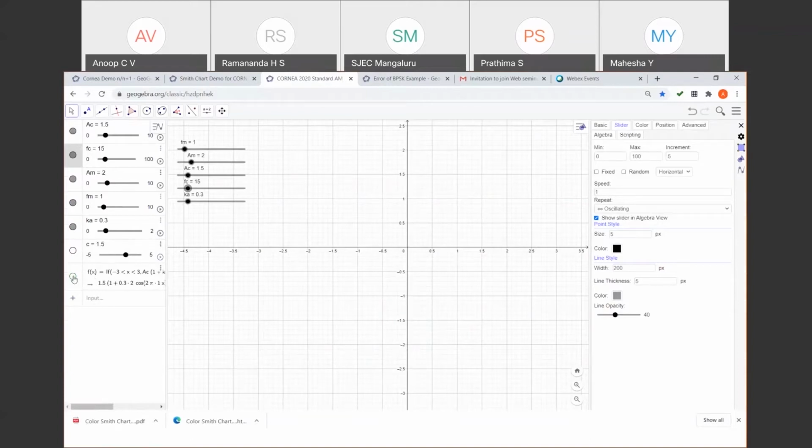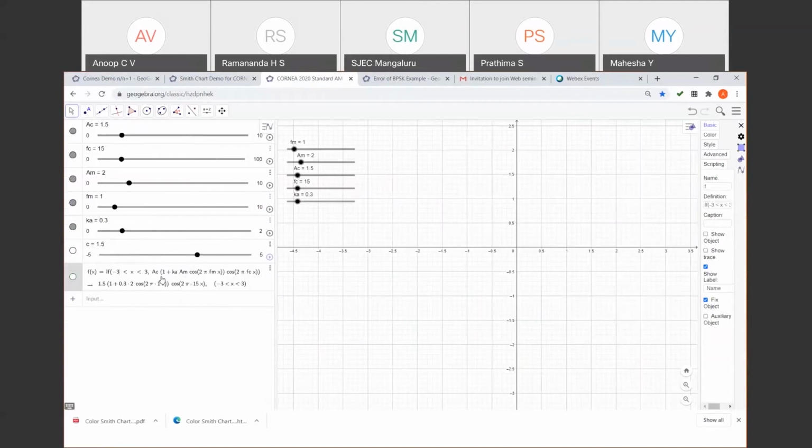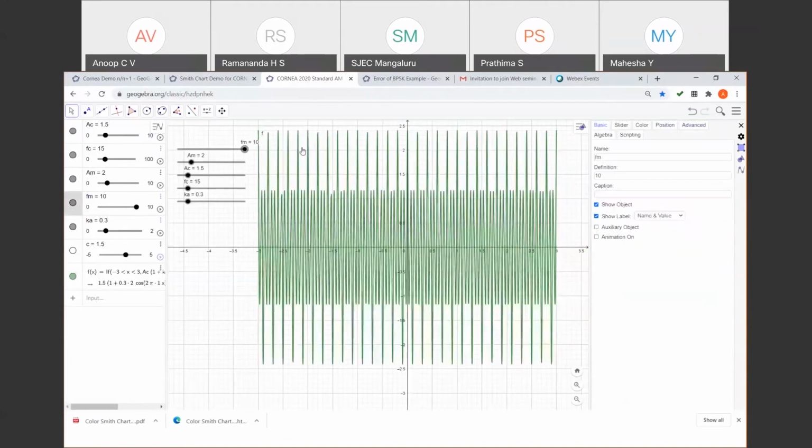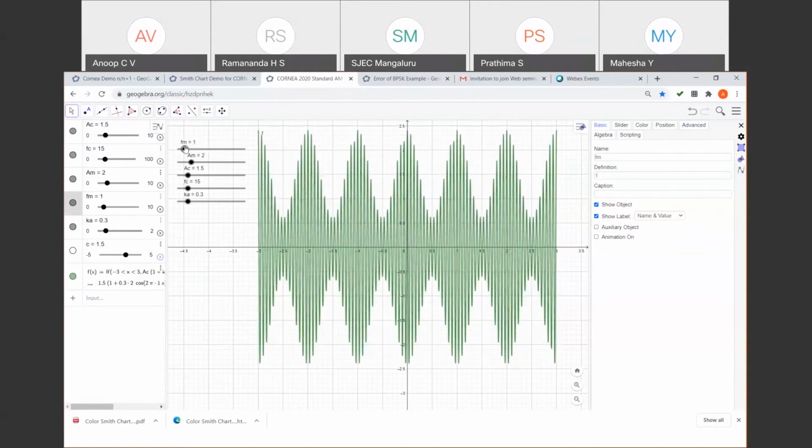And this is the expression which I wanted: AC into 1 plus K into AM cos 2 pi. Same thing I have written there, I have typed in here. So now this is the waveform. Now I can see what happens when FM changes. When FM changes, this is what is happening. Or I can show it as an animation, or when AM changes, this is what is happening.